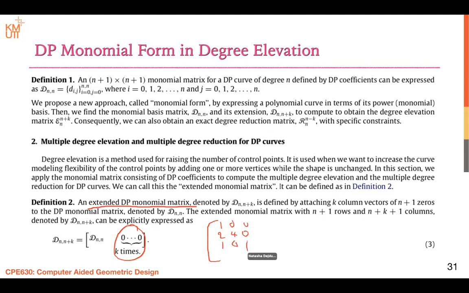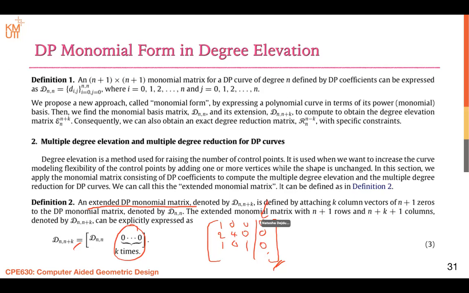I will just give you an example of the DP monomial matrix, with entries like 1 0 0 2 3, and then I simply add 0 0 0 to this. I can call this one the extended DP monomial matrix. If I want to find only a single degree elevation, I can just add 1 column.